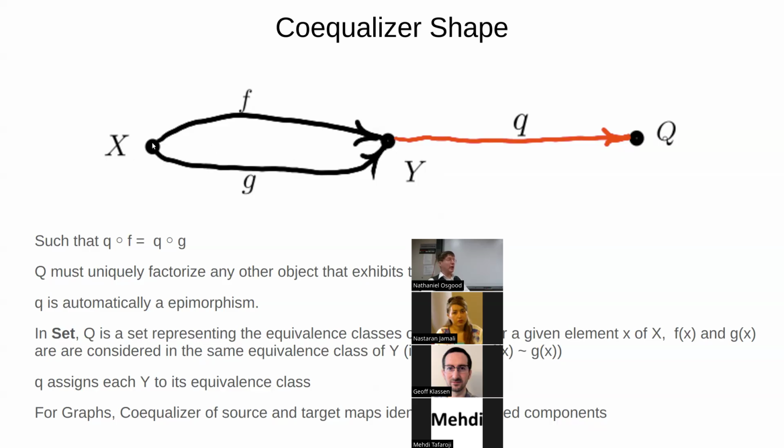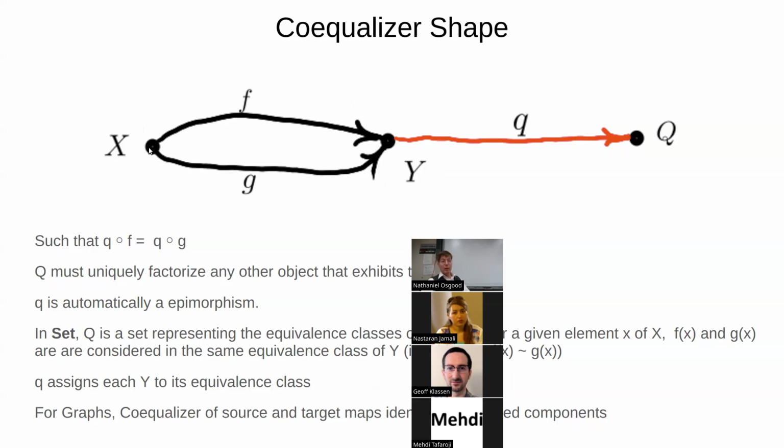So the example I gave is, suppose x is mapped by F to 1, and that same element in X is mapped by G to 2. 1 and 2 in Y are considered in the same equivalence class, right?